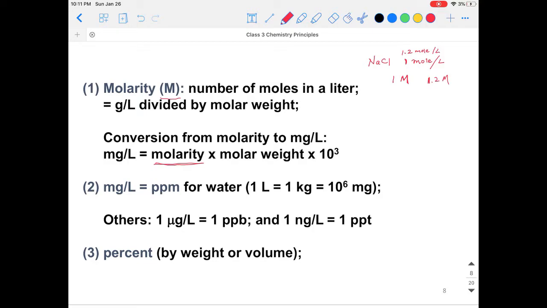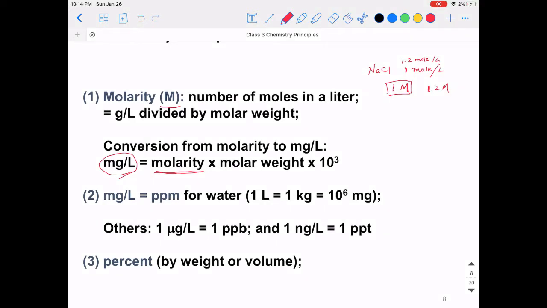And normally, for mass concentration, we use the unit of milligram per liter. So in this case, for sodium chloride, let's say that the molarity is 1 M, then we know that sodium chloride has a molecular weight of 23 plus 35.5, which is equal to 58.5 gram per mole.